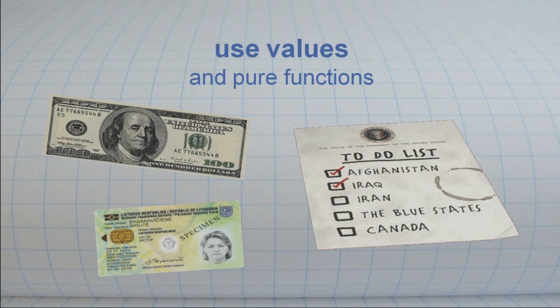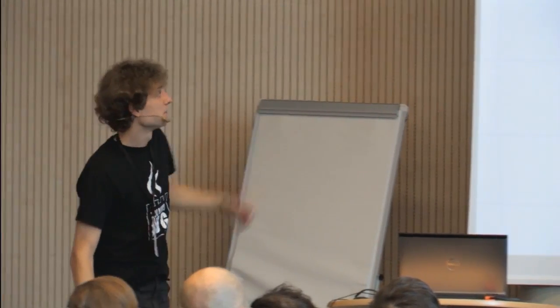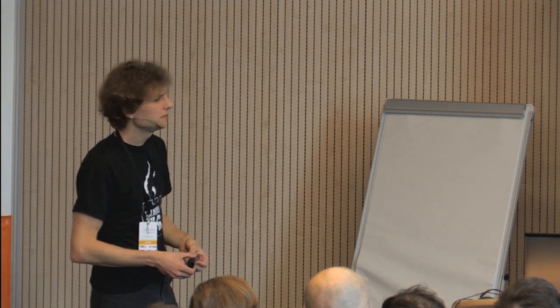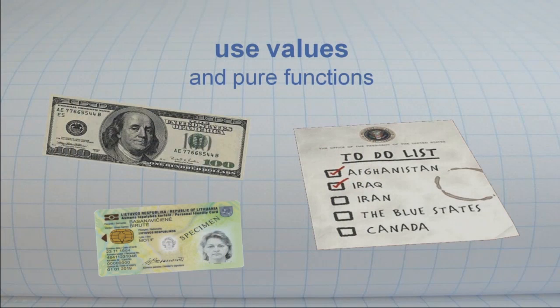You don't say, I have $100, but tomorrow I'll have 200, so I'll just strip this one and put a 2 in there. No, it's a value, it doesn't change. A pure function is something that takes a value and returns a value and does not have side effects, thus it's pure. If you program entirely in values and pure functions, you will have no state at all. And having no state will yield enormous simplicity in your system.